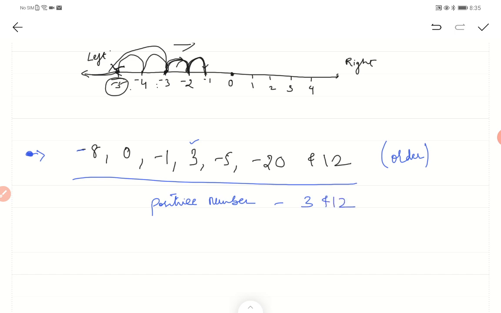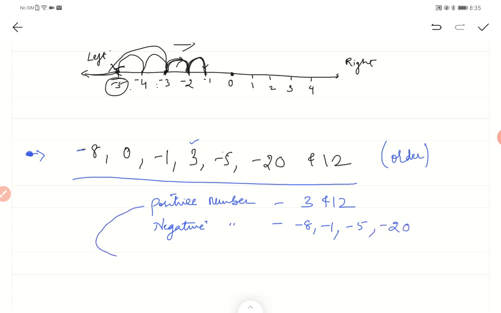And 0 will anyway be in the middle, because it is neither positive nor negative. Let's write the negative numbers also. You have negative numbers: -8, -1, -5, -20, right?